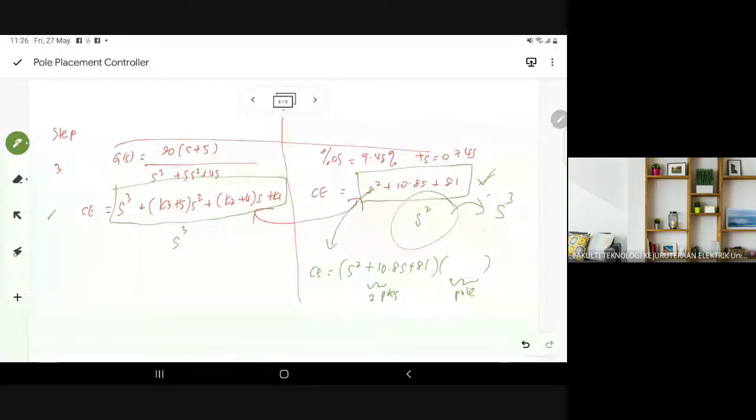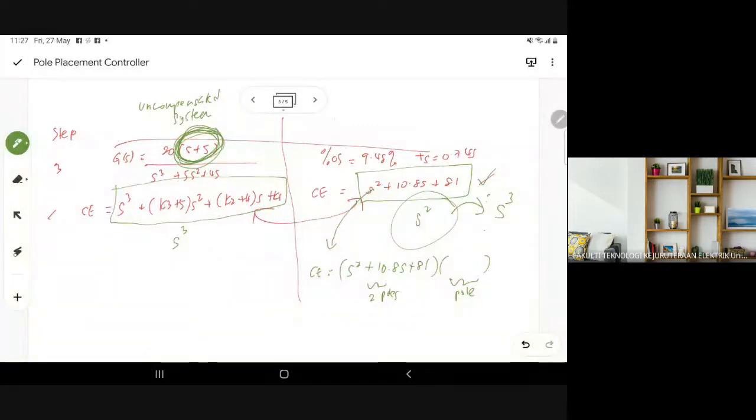In order to determine the pole location, we need to refer to the zero location here. We have the zero location at s equals minus 5. So we just choose a pole that has this value of the zero from the uncompensated system.